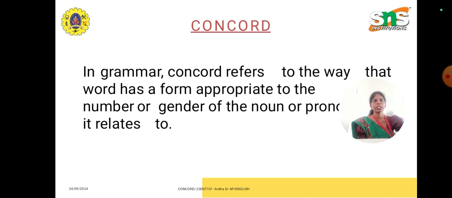The subject is a noun or pronoun that tells us what the sentence talks about, and the verb represents the action in the sentence. Then what is subject verb agreement? It can be called concord or agreement. It means that the subject and verb in a sentence should agree or match, which means it is singular or plural. Otherwise, the sentence will not sound right.